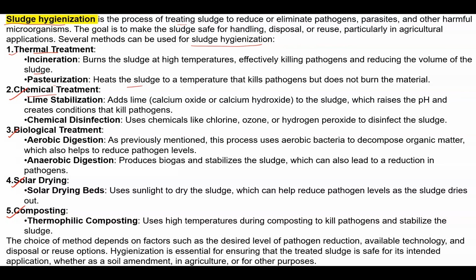Yes, solar drying. Chemical has a high cost, and samples may be required. Yes, solar drying is the easiest way that we can use for sludge hygienization.